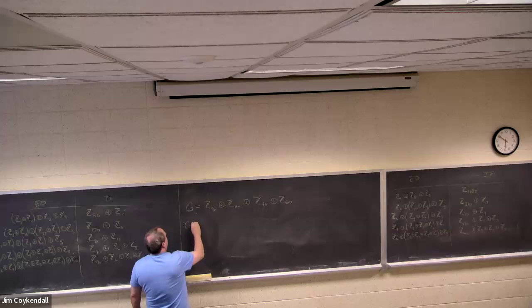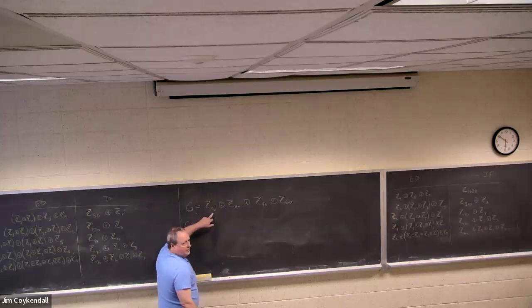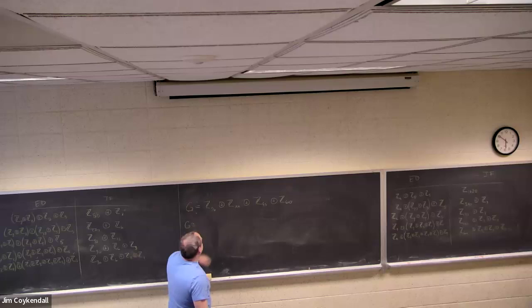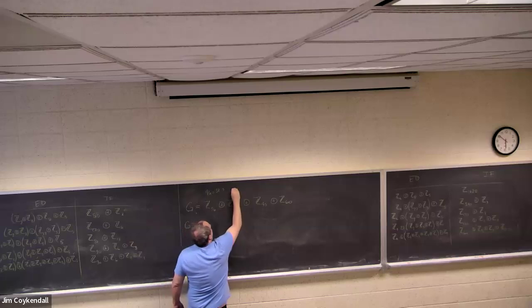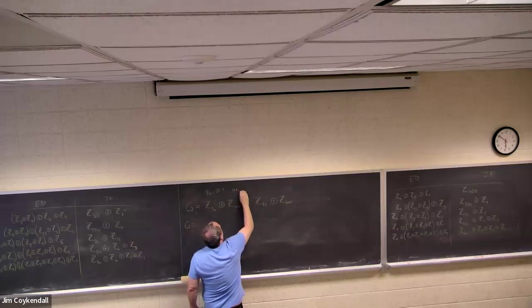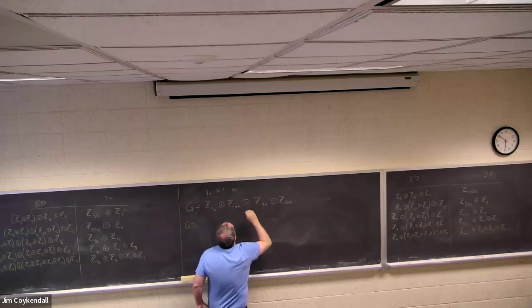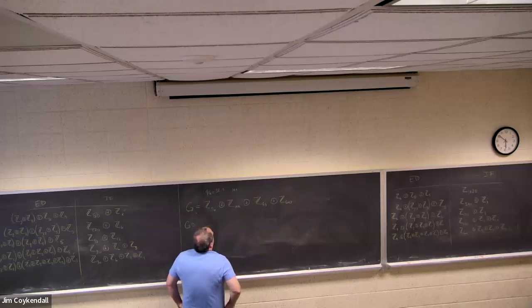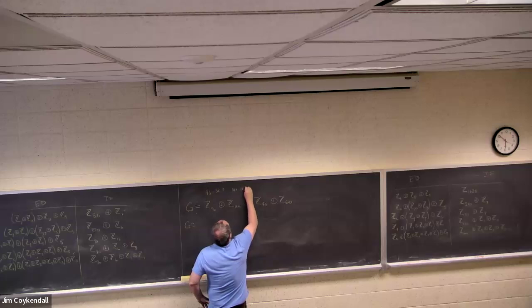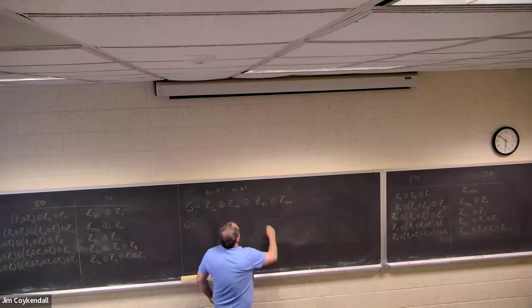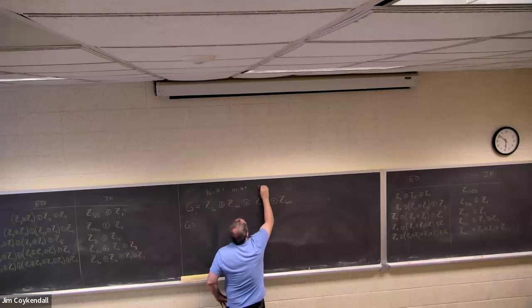G is isomorphic to this. What I'm going to do is factor these into prime powers. 96 is 32 times 3. 144 is 12 squared, so that should be 9 times 16. 45 is 9 times 5.